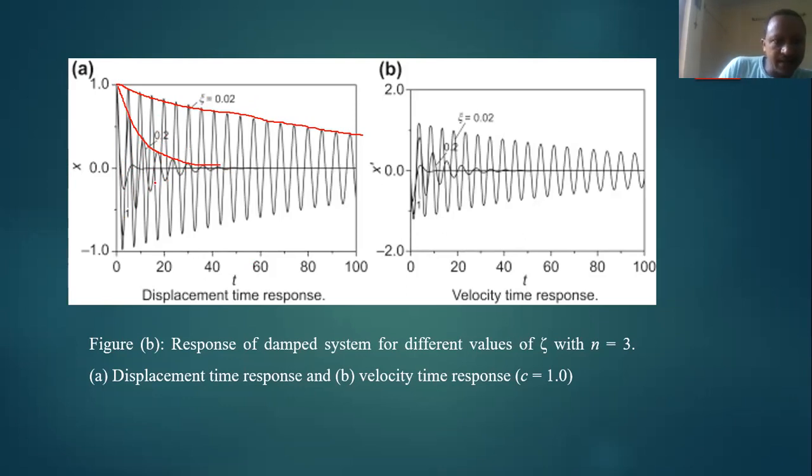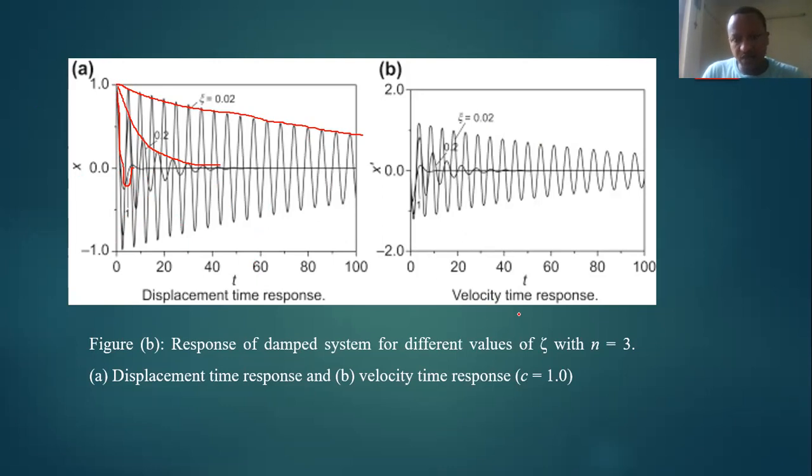Okay, and there is also another case, and that is zeta equal to 1. Zeta equal to 1 case. We can see some flat line here, which starts from here and stops here. That is the difference between the two.